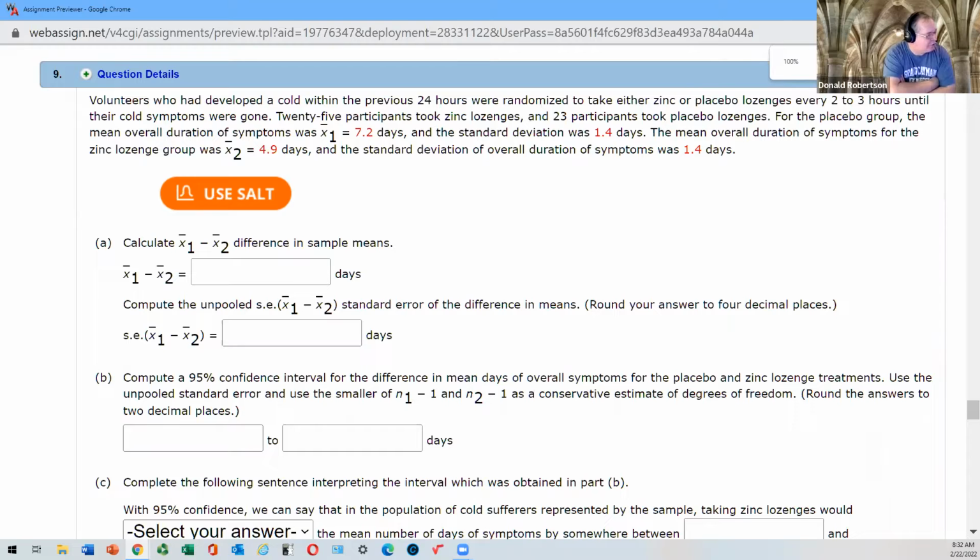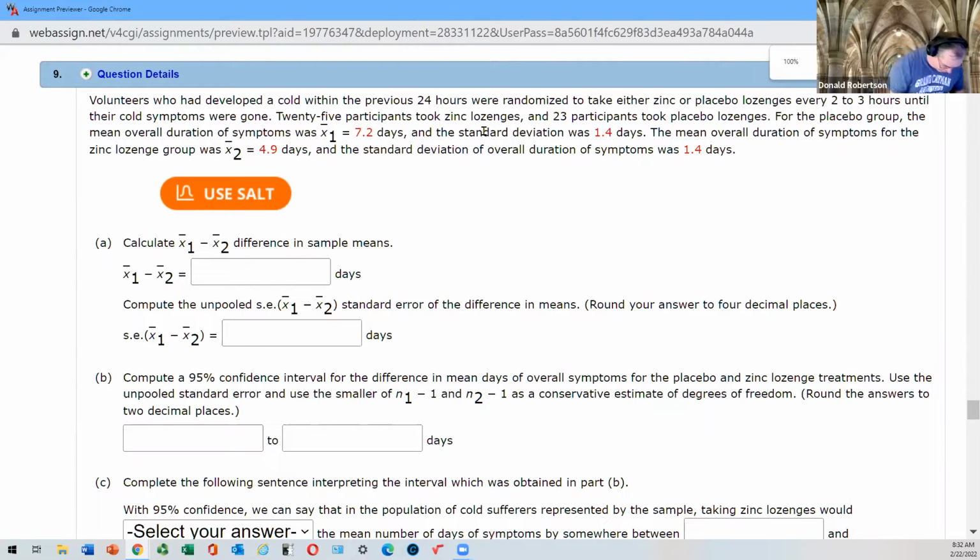And in this particular one, one group gets the real zinc lozenges, takes them with a cold. And the other lot just gets a bit of candy that looks just like a zinc lozenge. There's no difference, you can't tell. So it's probably a double blind going on here. And 25 people took the zinc one.